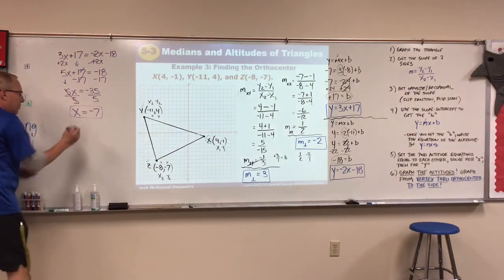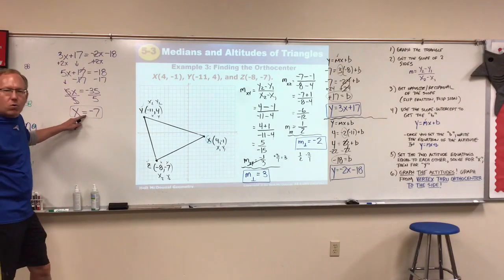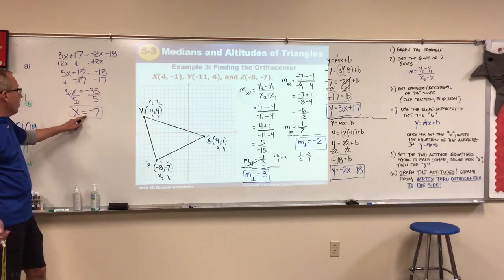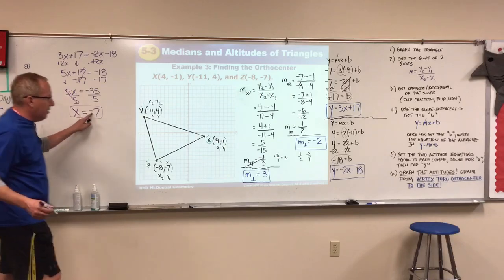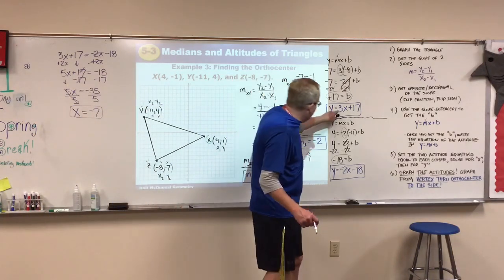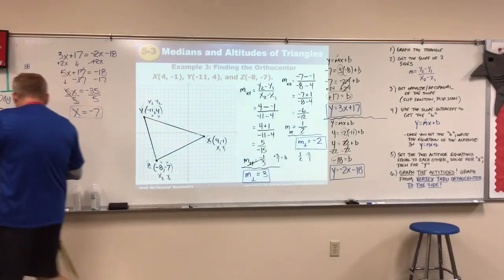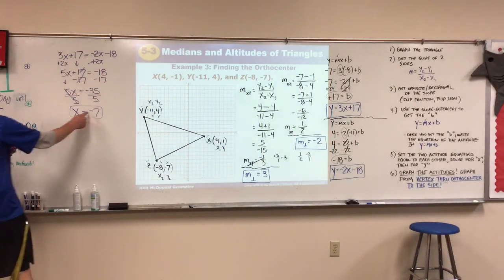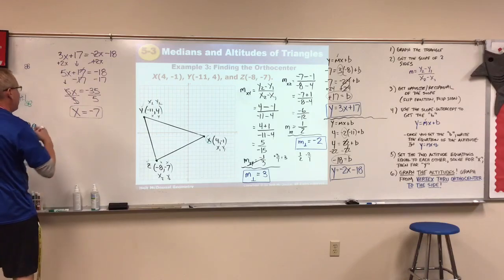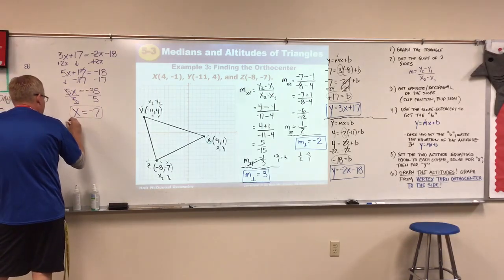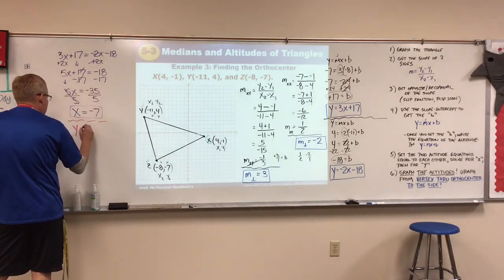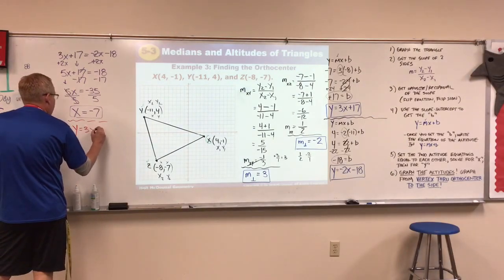This right here is the x value of our orthocenter. Now we need to get the y, so all we need to do is plug this negative 7 into any one of these two equations. All right, so I'll plug this negative 7 into y equals 3x plus 17.